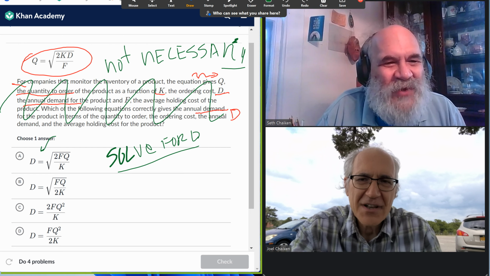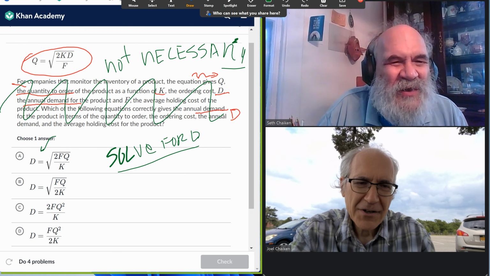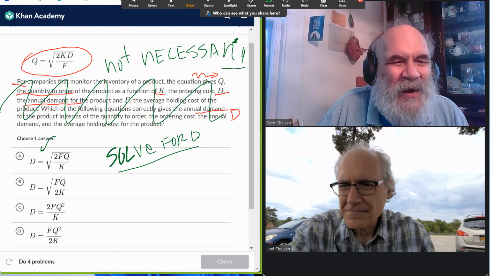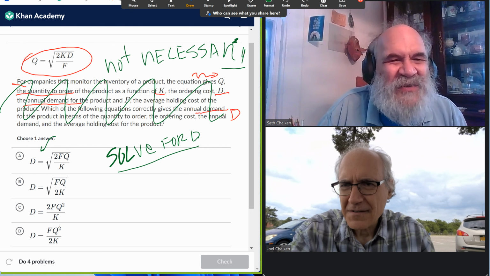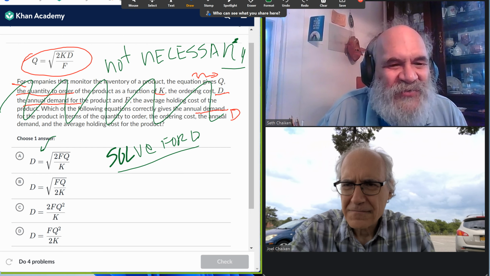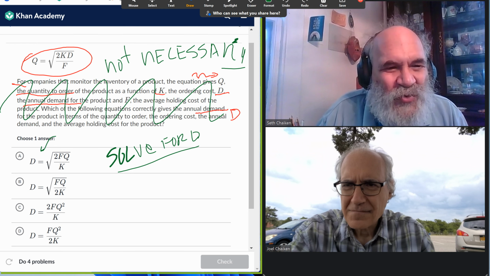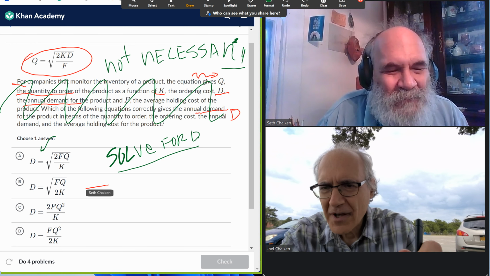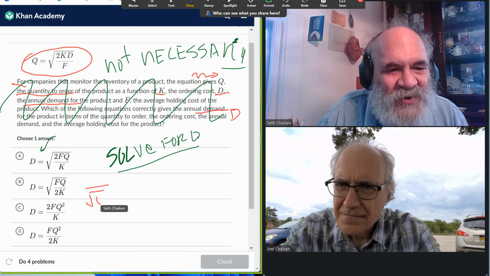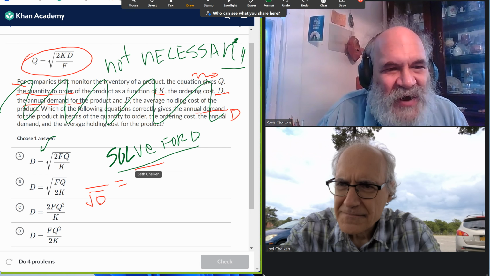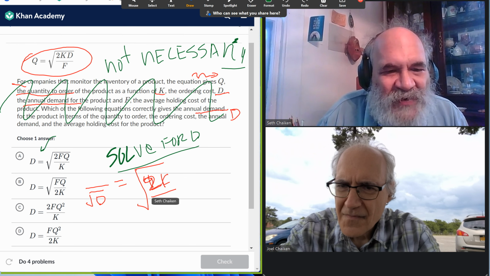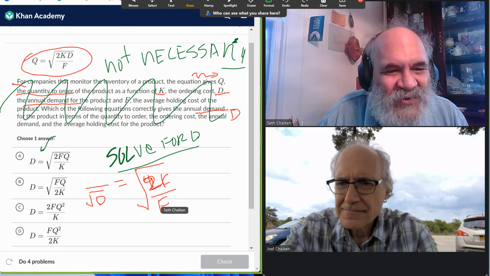All right, so here's how I would do it. I bring D to the other side. Divide both sides by the square root of D, to get the square root of D. And see, we've gotten rid of that. 2K over F, and there's still Q here.